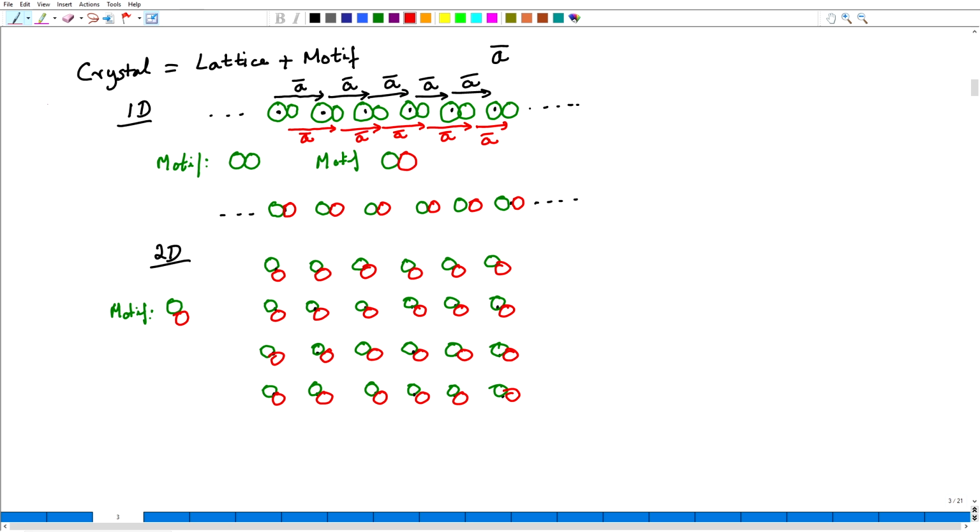So, the individual atoms in the motif will follow exactly the same translation as dictated by the lattice. The same is true for the second pattern also: I have a one-dimensional crystal where, suppose the lattice translation is A, then the green atoms will have translation of A and the red atoms will have translation of A.